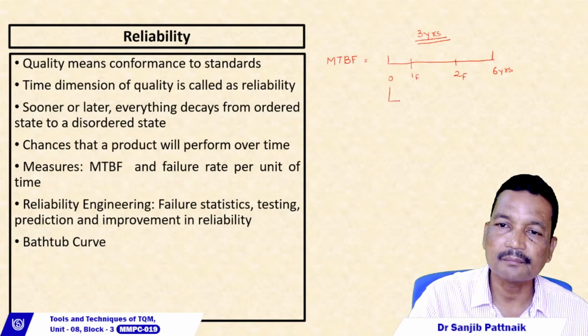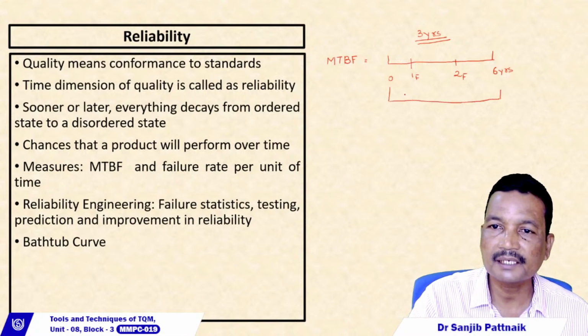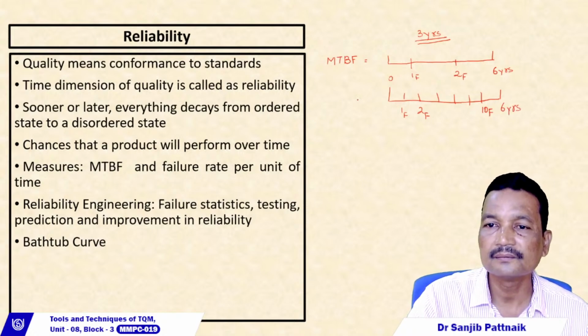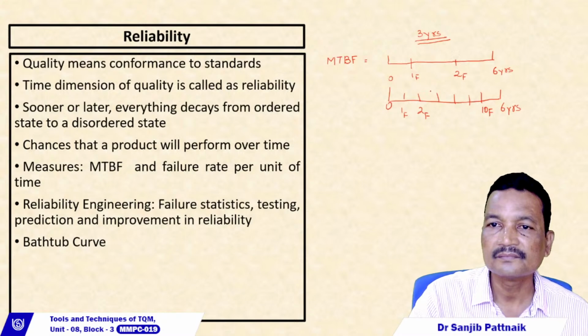Consider another item or a product of similar kind but different manufacturer. Suppose it is having 10 failures during the life period. So what can we say?